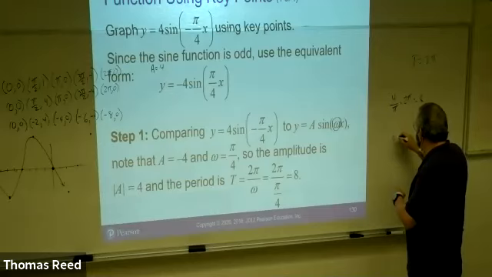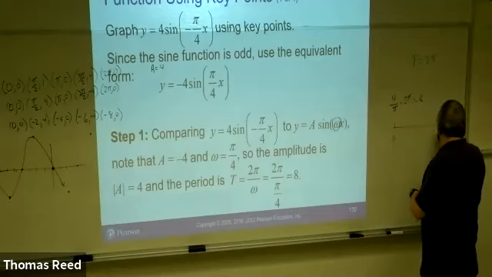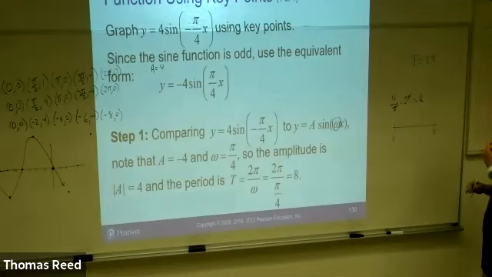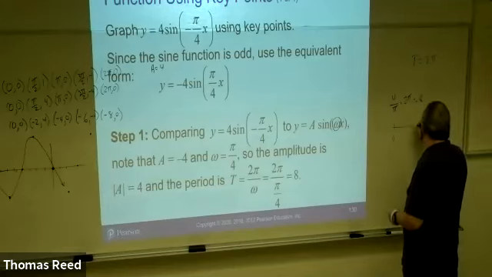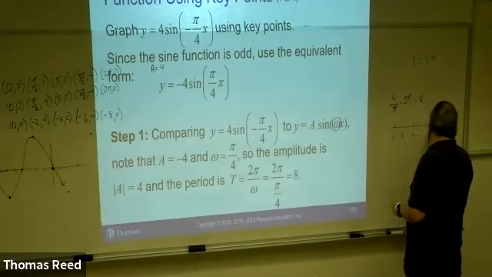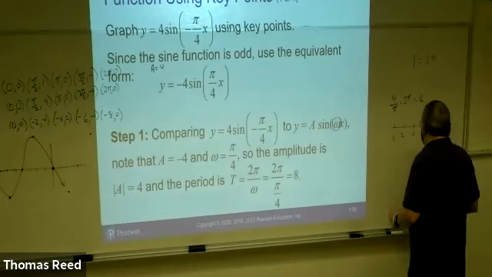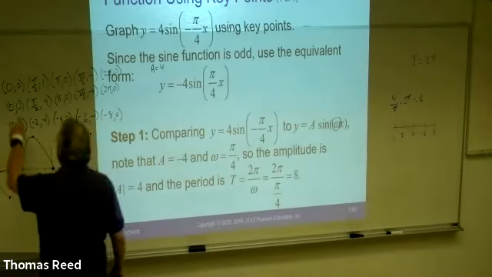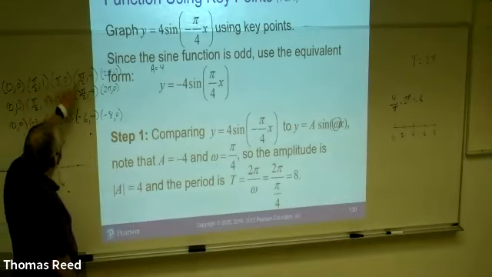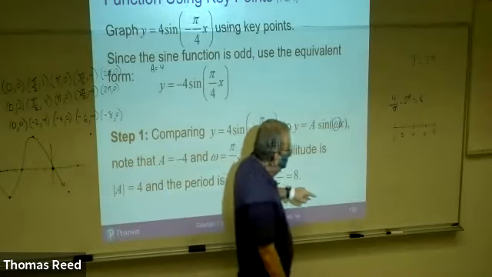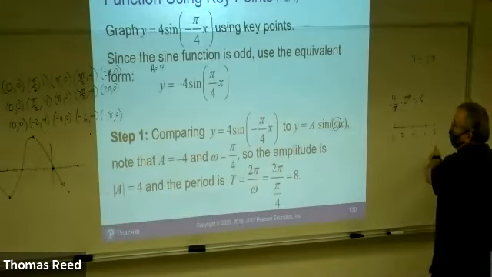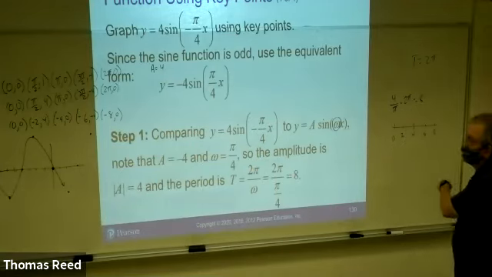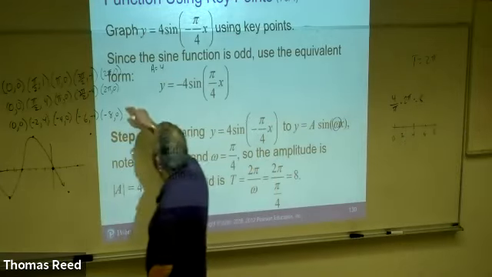So now my period is from 0 to 8, and I'm going to divide it into 4 regions. This is 4, this is 2, and this is 6. And the key y values are 0, 1, 0, -1, and then back to 0 again at 2π. Okay, I didn't have it there.